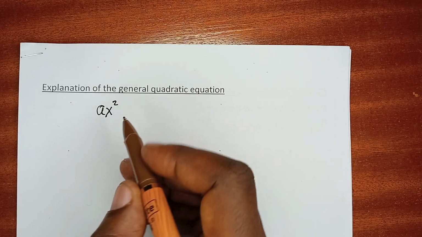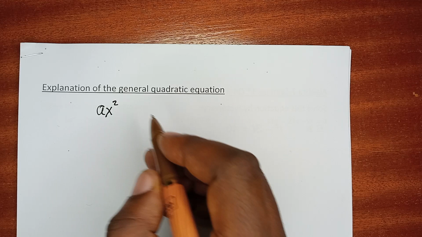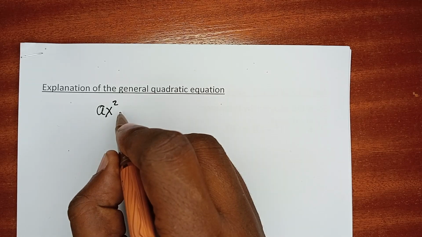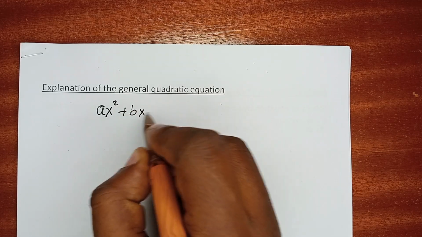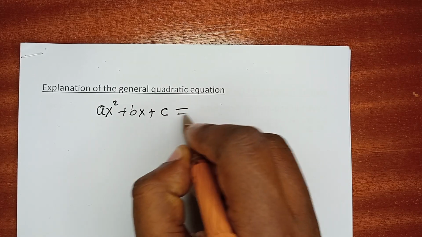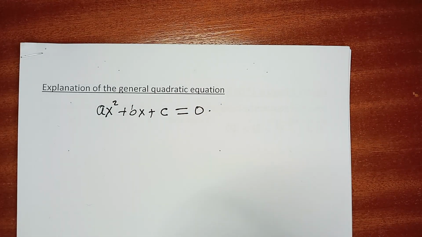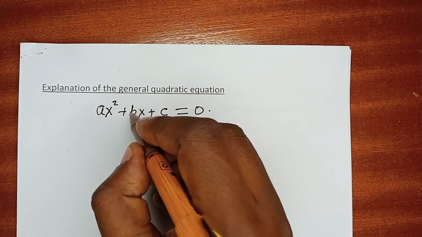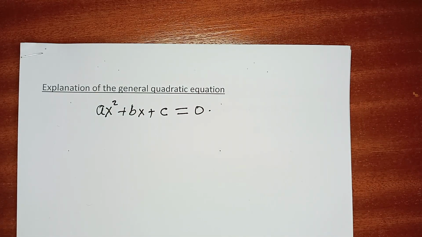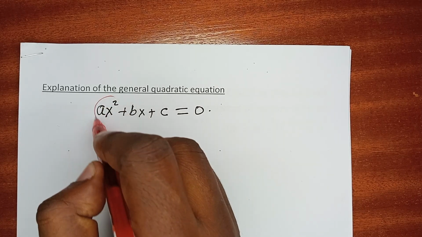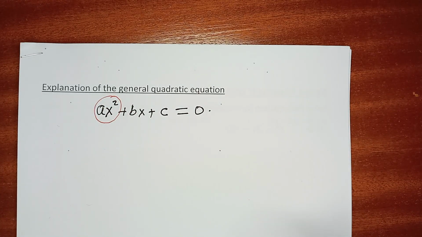A general quadratic equation is ax squared plus bx plus c equals 0. Let me explain. This is the term that makes this equation quadratic.